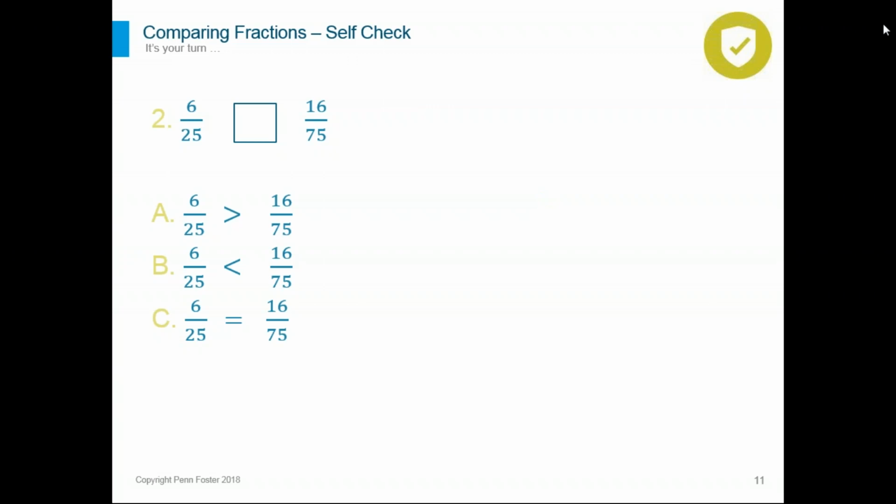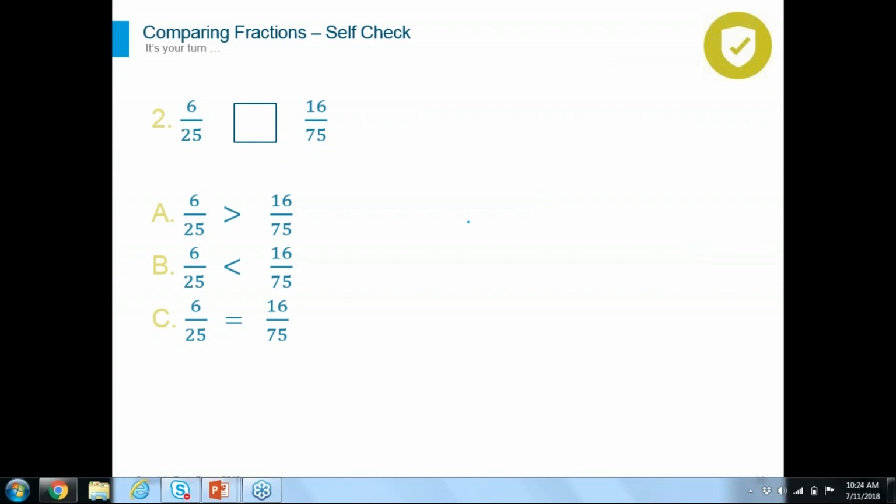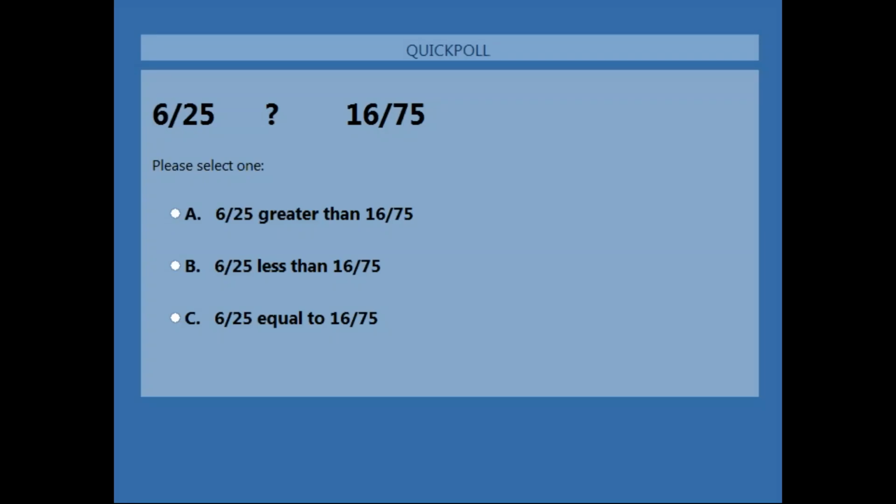Okay, let me change the screen. We'll give you the same question and you'll be able to say your answer and enter it. Here you go. 6 over 25 is what to 16 over 75?